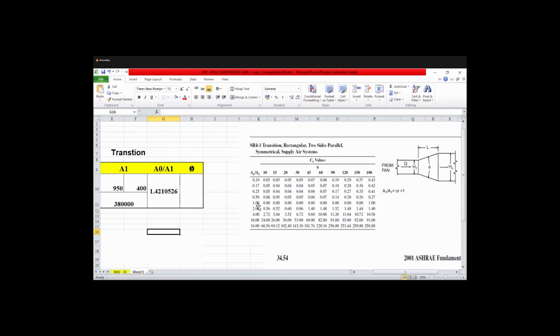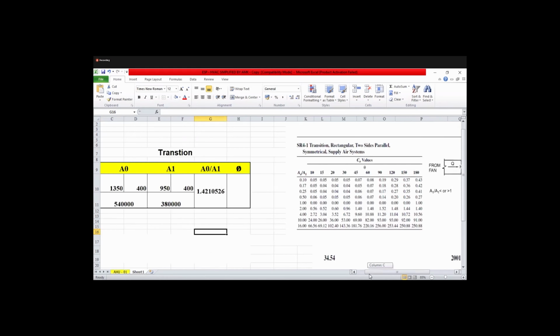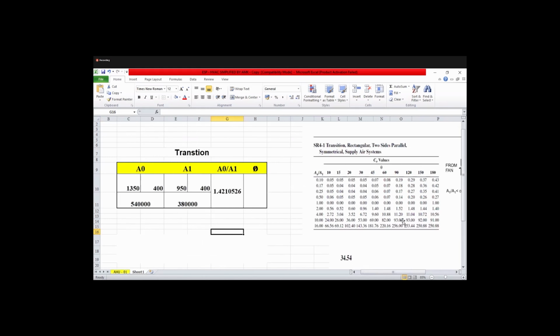So 1.42 is coming in between 1 to 2. So we have to go with the higher side. Okay, we will select 2 and 90 degrees. So what is the value here? 1.52. Okay. So what is CO? CO is our coefficient. So 1.52 is the head loss through the duct.